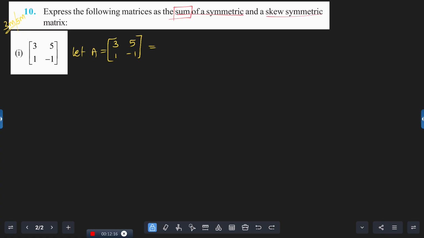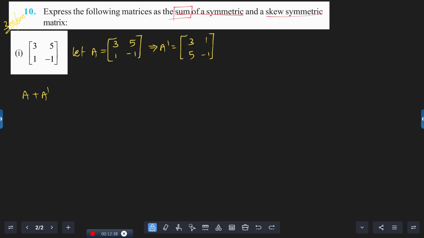So you find A dash also. Listen, A dash means what? A transpose. So you write the row as a column. So 3, 5. Next this one you write as a column, 1, minus 1. This is my A dash. Now what is your work? Actually, first you want to find A plus A dash.